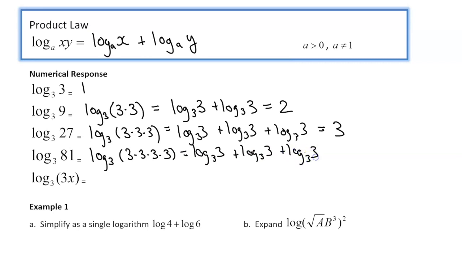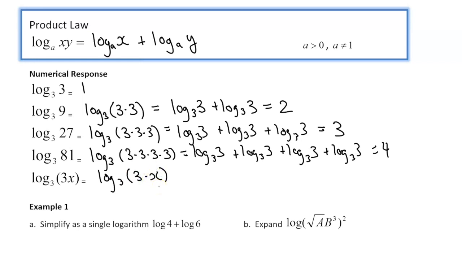And I think you get the point. So if you have log base 3 of 3x, then you could say log base 3 of 3 times x.